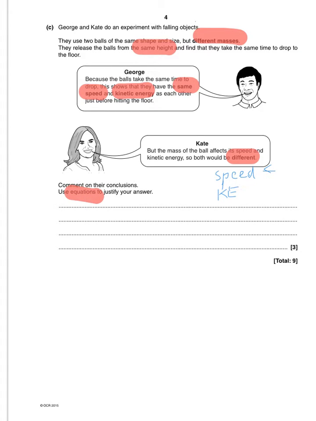So, if you have a look at your kinetic energy equation, it's 0.5 times mass times velocity squared. And you can probably see from that, if you change the mass, you're probably going to change the kinetic energy, and then you'd be able to justify why the kinetic energy is either the same or different, depending on what conclusion you've come to.